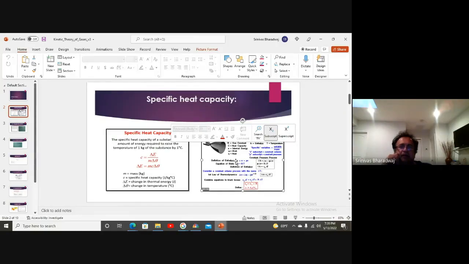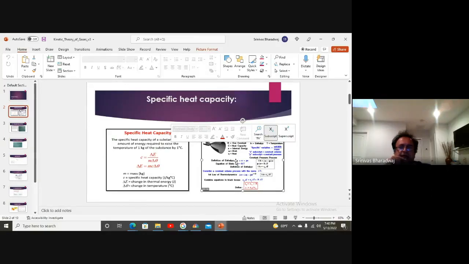Cp is the heat capacity, and Cp equals Cv plus R. R is the gas constant, right?